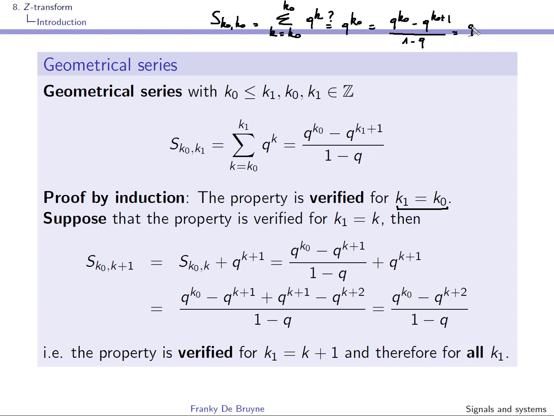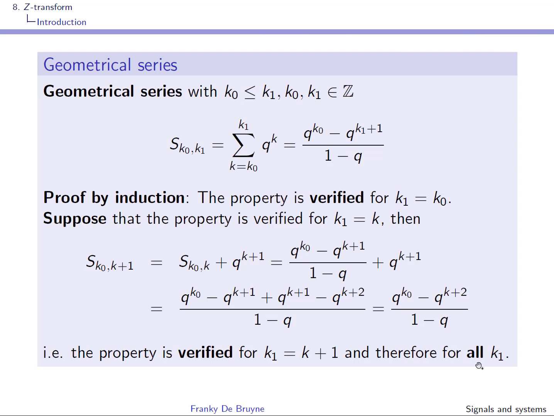This can be rewritten as q to the power k0 times 1 minus q over 1 minus q. Okay, so this can be simplified, and we see that indeed the property is verified when k1 is equal to k0.